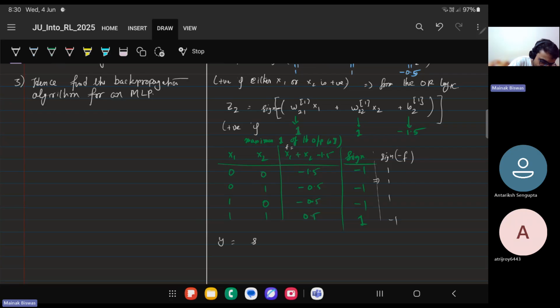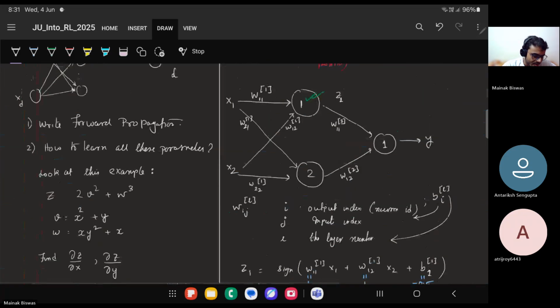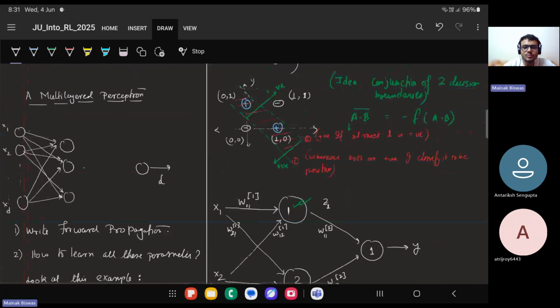Your Y is sign of W11 of layer 2, Z1 plus W12 of layer 2, Z2 plus B. So now I know, clearly see, which ones do I want? Both of them to be positive?